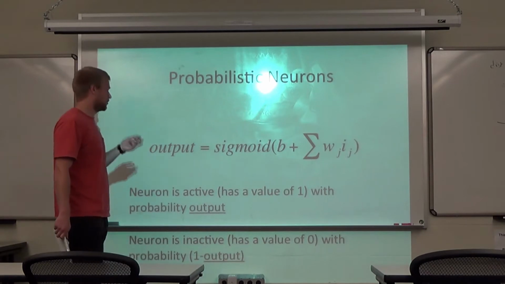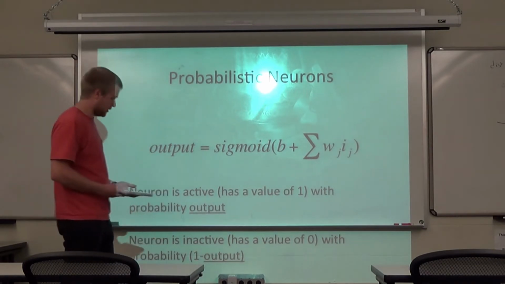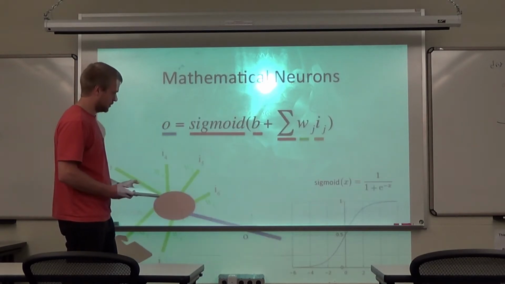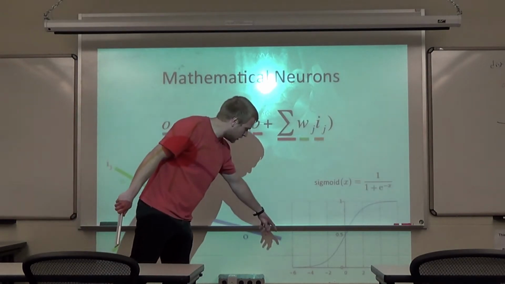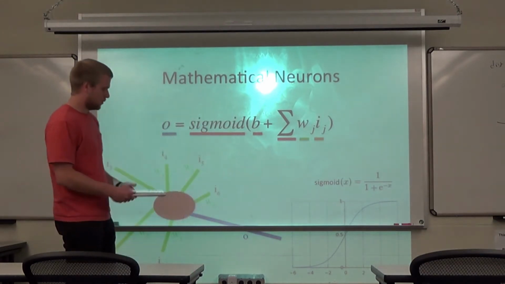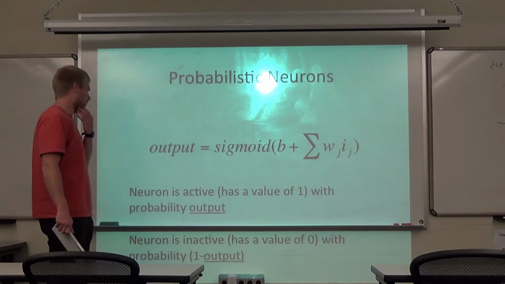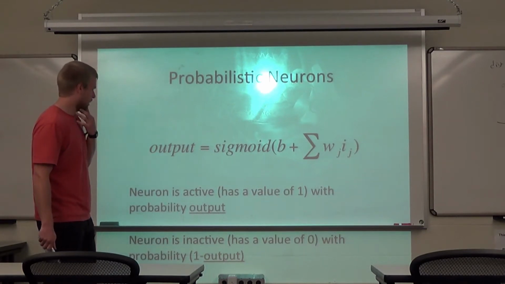There are also probabilistic neurons. The sigmoid function's range is between 0 and 1, so we can treat the output as a probability that the neuron is active.